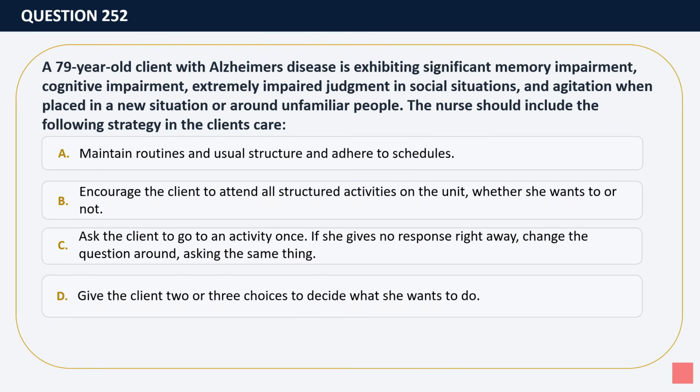A. Maintain routines and usual structure and adhere to schedules. B. Encourage the client to attend all structured activities on the unit, whether she wants to or not. C. Ask the client to go to an activity once. If she gives no response right away, change the question around, asking the same thing. D. Give the client 2 or 3 choices to decide what she wants to do.